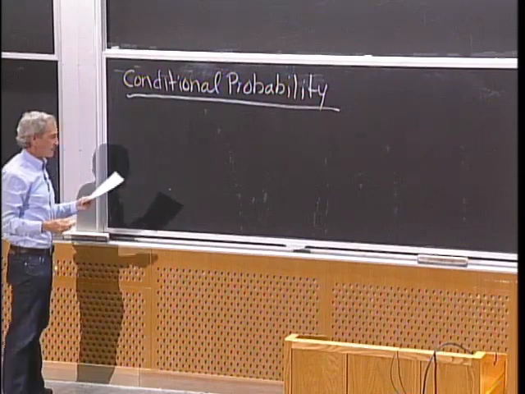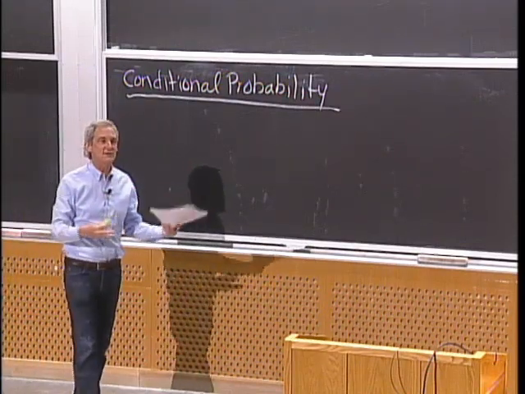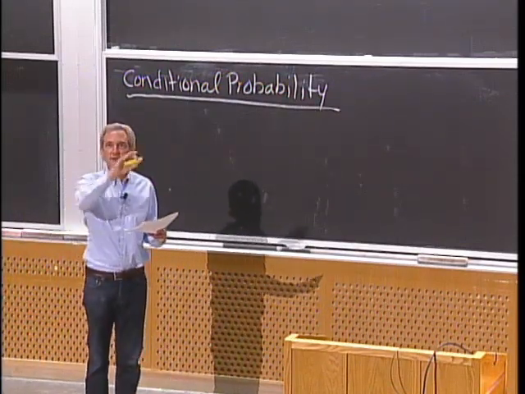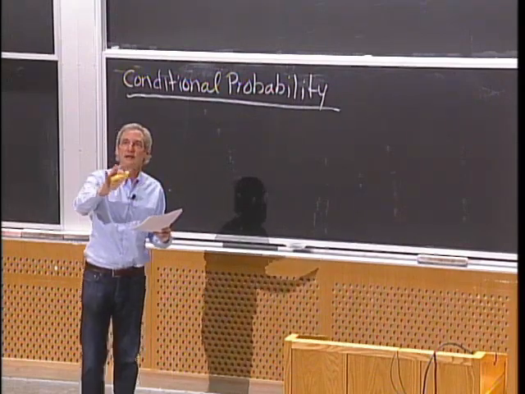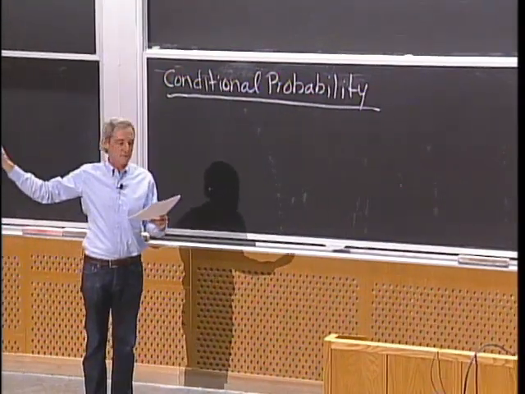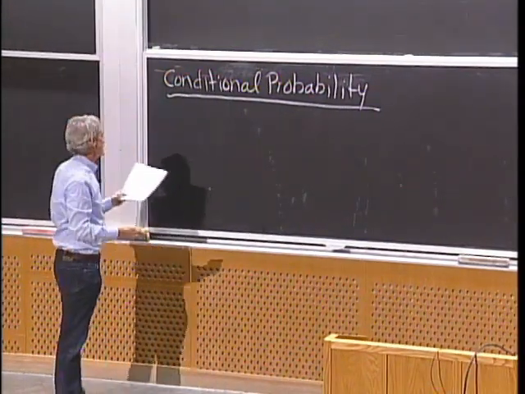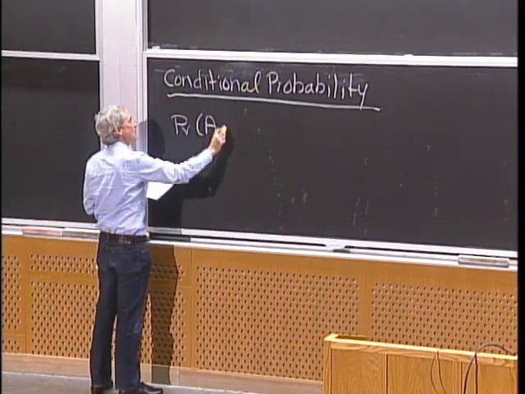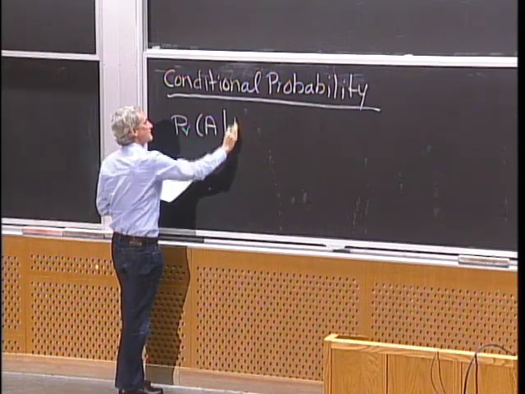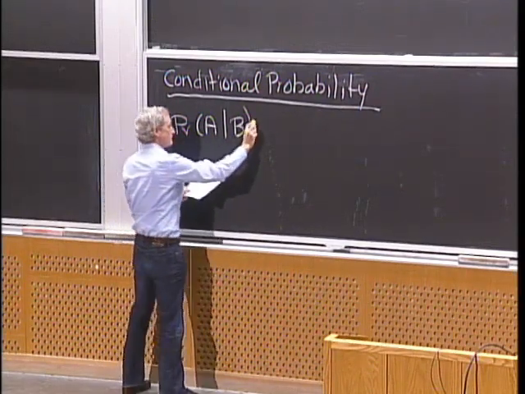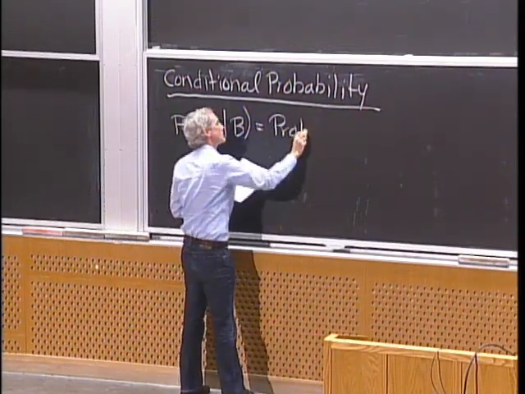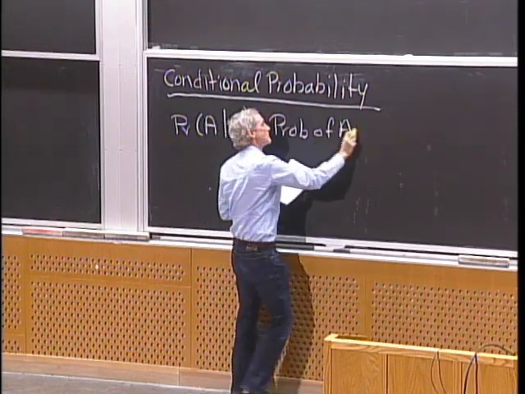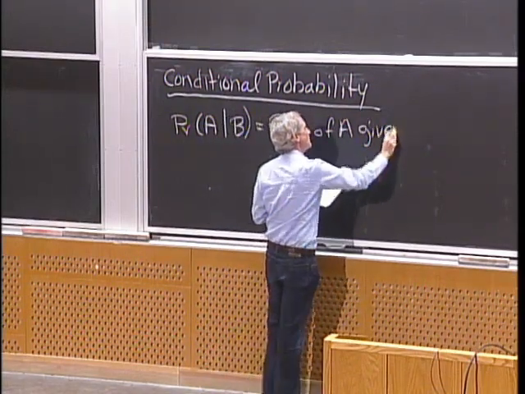Now, in general, you have something like the conditional probability that an event A happens given that some other event B has already taken place. And you write that down as the probability of A given B. Both A and B are events.